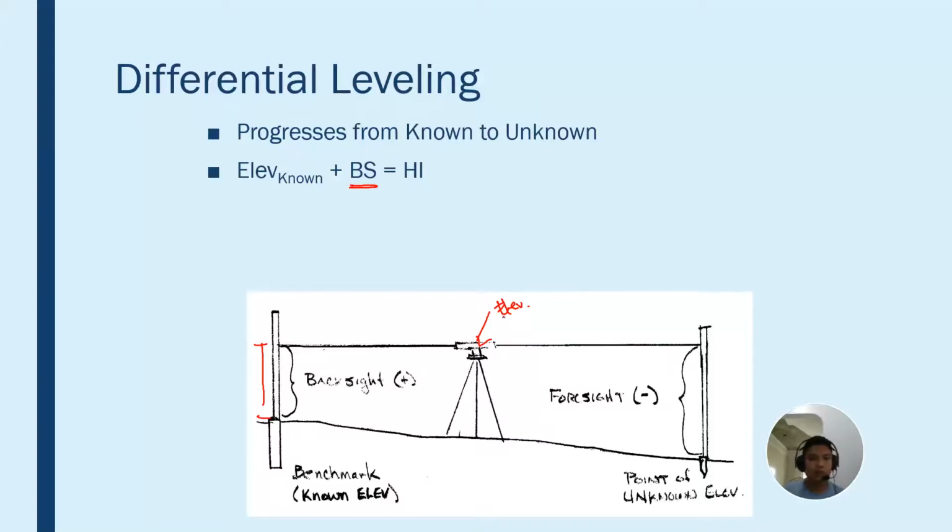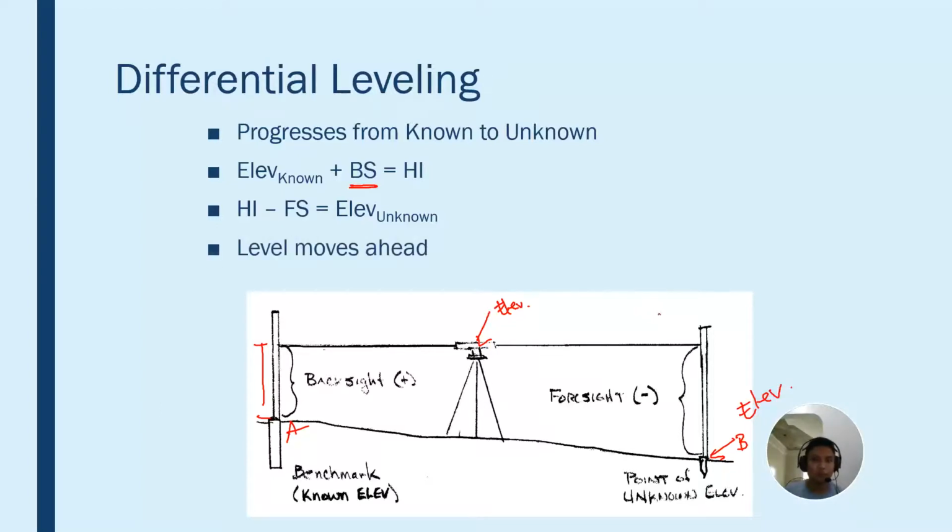After that, to determine the elevation of any unknown point or the succeeding station, say this is point A, point B, we simply take a rod reading for the foresight and subtract that value from the height of instrument, or the elevation at the line of sight of the instrument, so that we will be able to determine the elevation. Okay?